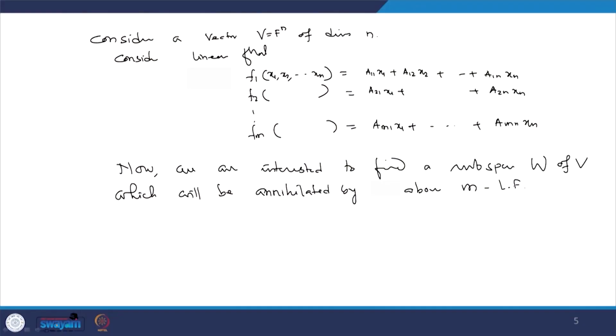Suppose you get r linearly independent linear functionals. Once r is obtained, we have to find the subspace of V which will be annihilated by these r linearly independent linear functionals. That is basically the solution of Rx equal to 0.